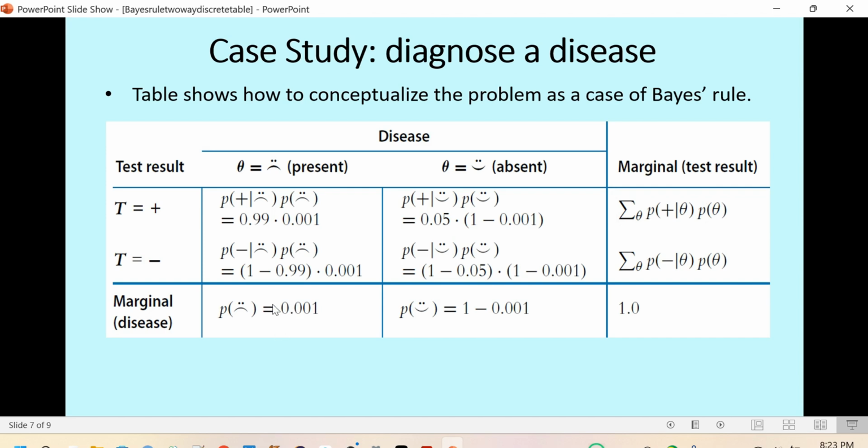So this means going from marginal to conditional, because the marginal prior is generally 0.001 for a person having disease. Then from Bayes formula we get the conditional probability, and this is the posterior probability, which equals this multiplication divided by this total probability. So this is the conditional probability, from marginal to conditional.